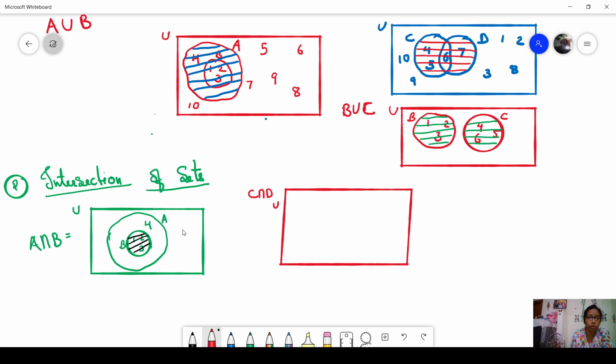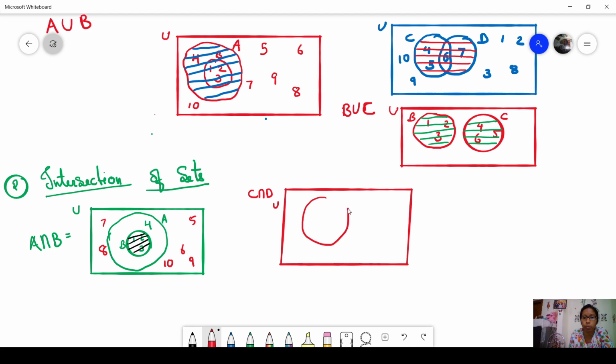Here, in intersection also, the remaining elements can be written: 1, 2, 3, 4, 5, 6, 7, 8, 9, 10. All these can be written. Now we want to draw or shade C intersection D.